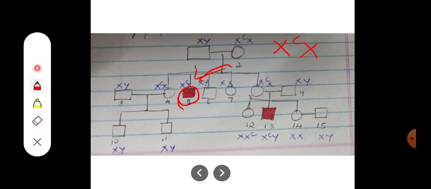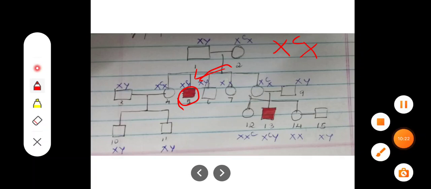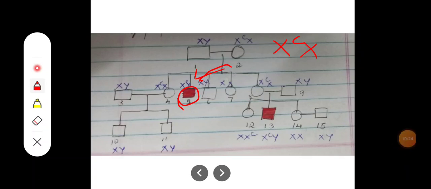Next we have to find the genotypes of all the individuals produced by this first parental generation. If we have to find the genotype of each of the other individuals in the F1 generation, we have to see how their offspring are. Here we predicted the parental generation using the offspring. In the same way, if you have to find the genotype of the third and fourth generations, check their offspring. You can see here the offspring are normal, right?